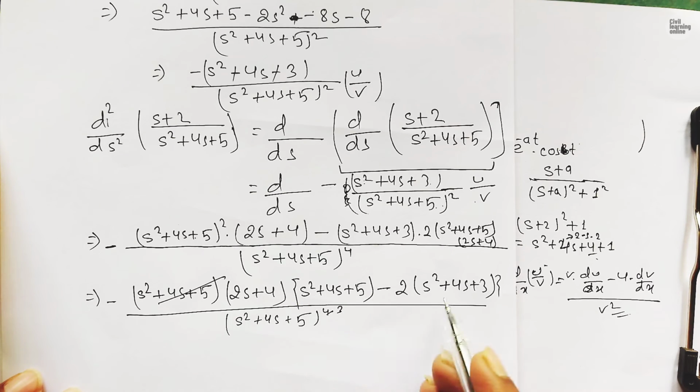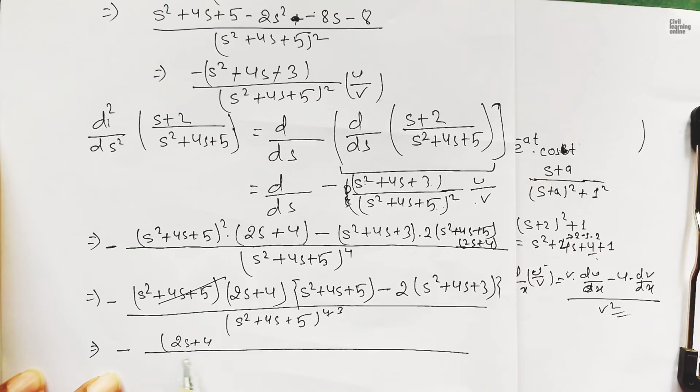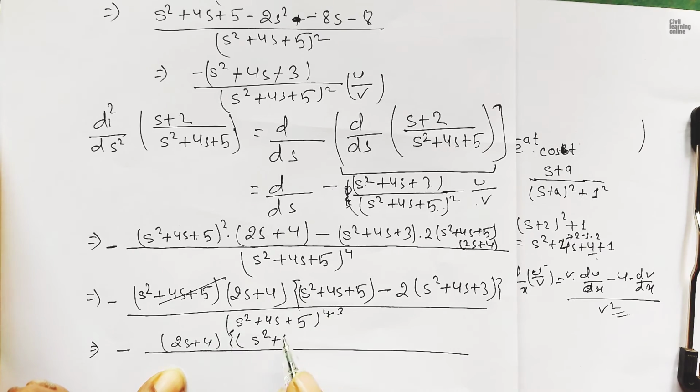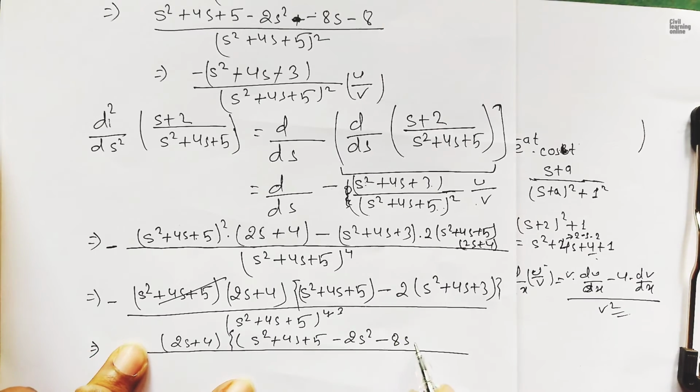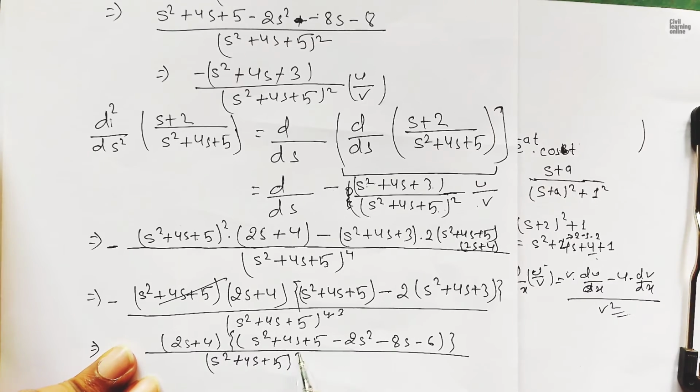Now we have to do the multiplication. First of all we will solve this term, so we will have minus (2s plus 4) times, on solving this, s square plus 4s plus 5 minus 2s square minus 8s minus 6, and in the lower portion (s square plus 4s plus 5) to the power 3.